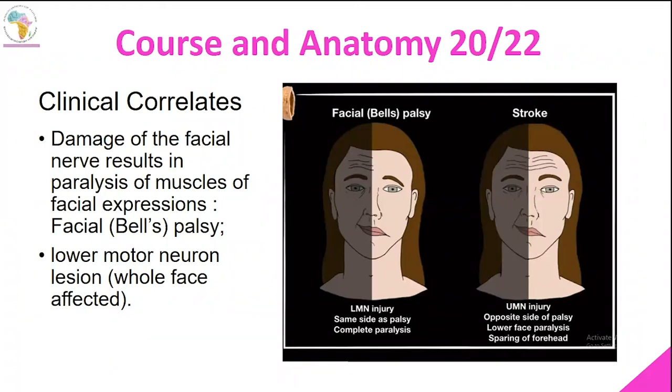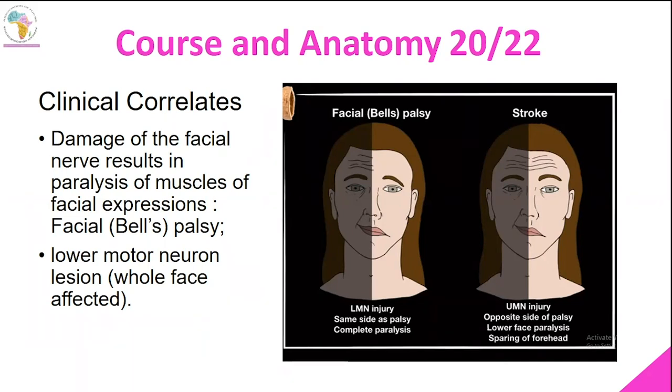We have input from the hippocampus, as well as other cortical structures that are responsible for involuntary facial expressions, for example, those that are related with emotions. So it is both voluntary and involuntary.